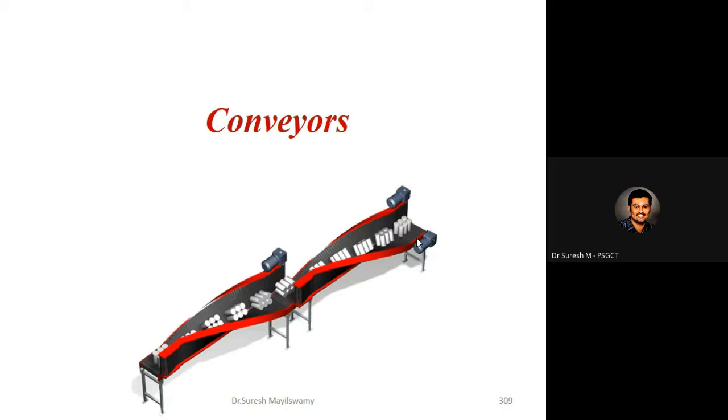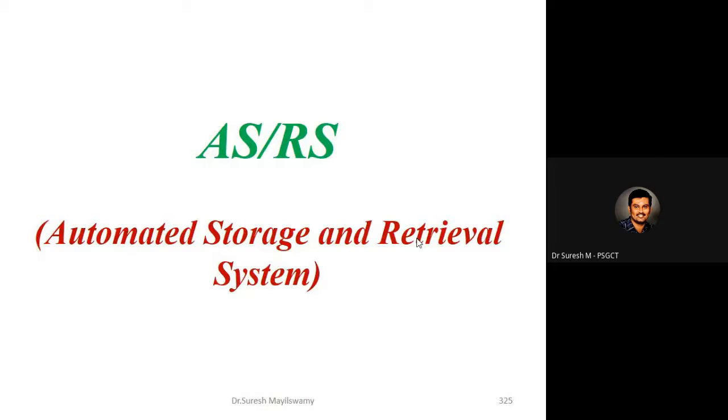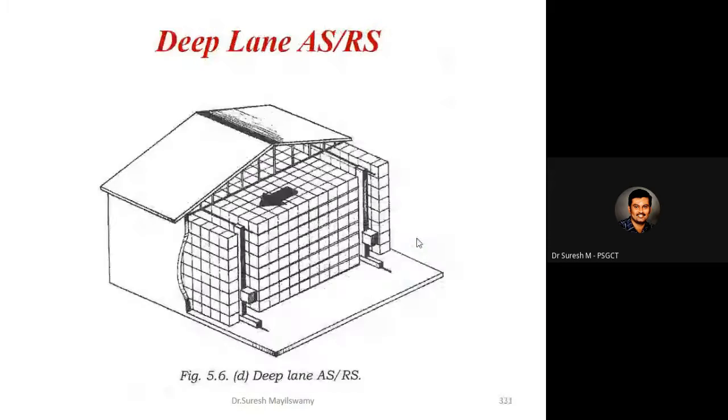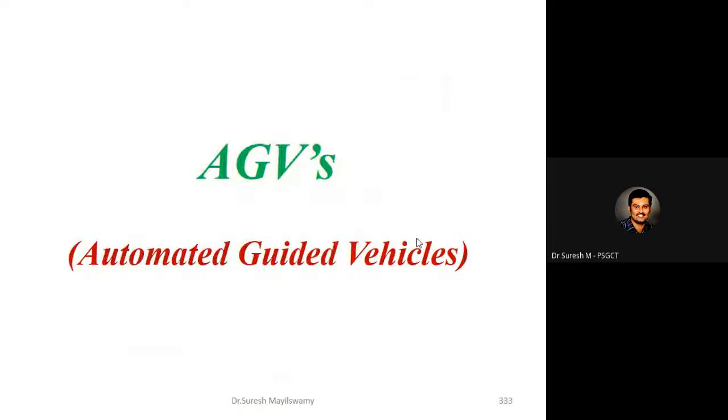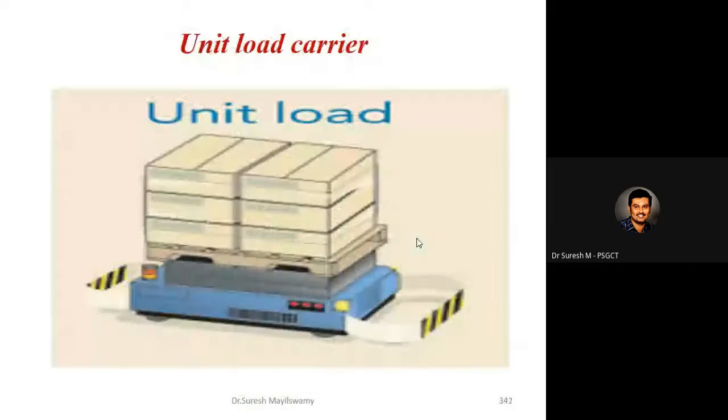Conveyors are one of the material handling systems, and these are the types of conveyors. And ASRS, automated storage and retrieval systems, are handling systems. After that, we can see AGVs, automated guided vehicles, are one of the material handling systems.